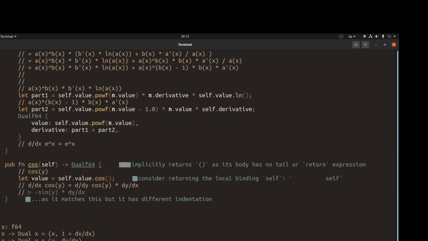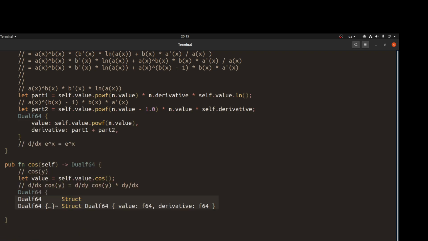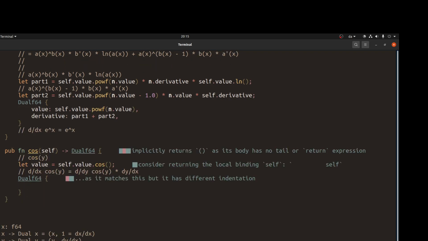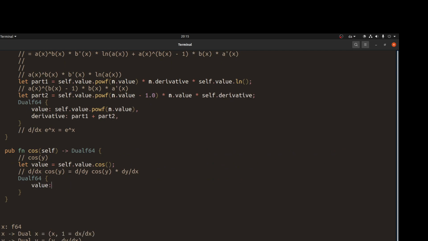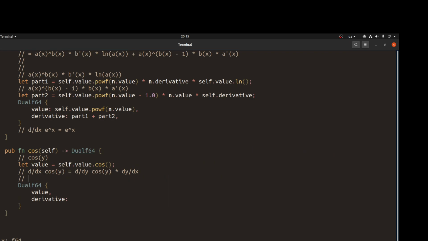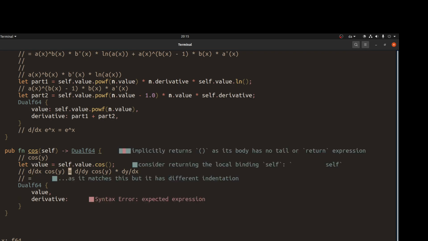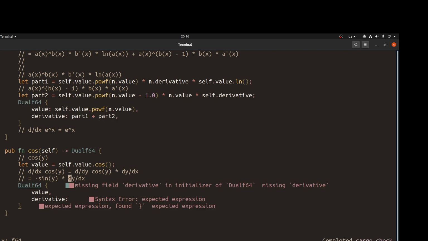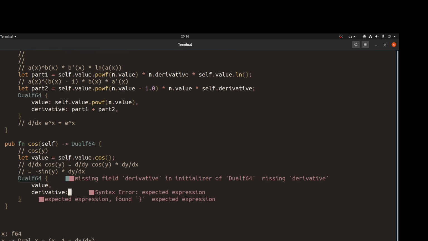So to construct the dual value, we simply need to say, okay, the value is the value, and the derivative is this thing, which is minus sine of y, times this thing, which we don't know what it is because y is an arbitrary thing, but we do have access to it because it's inside y itself.